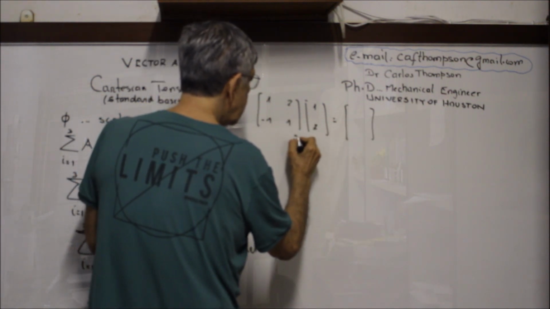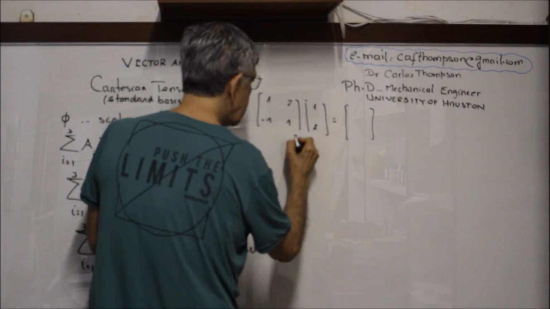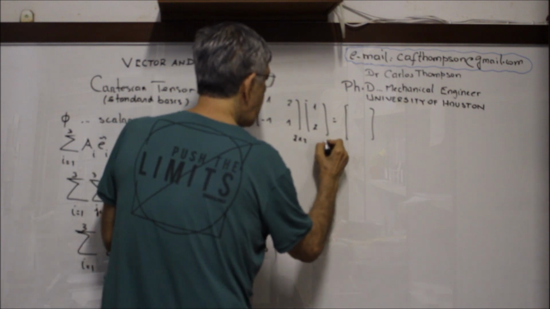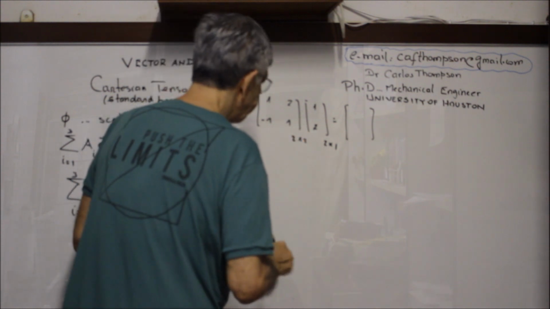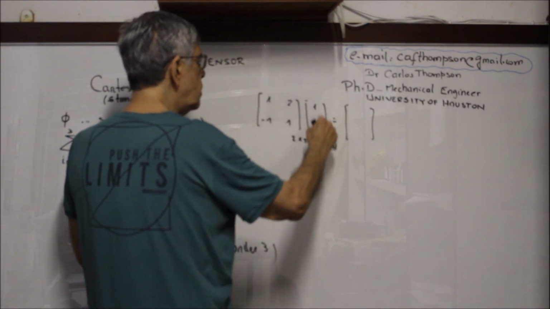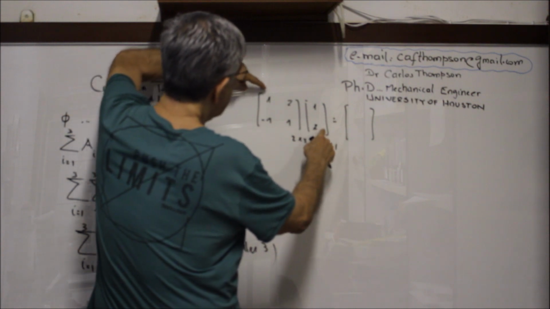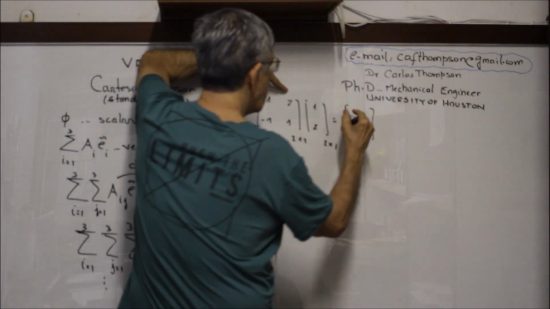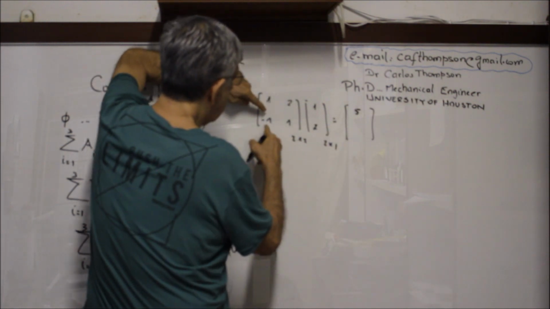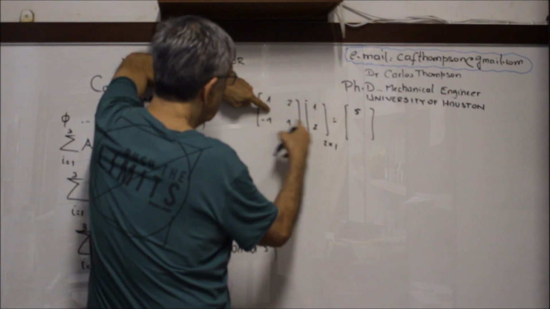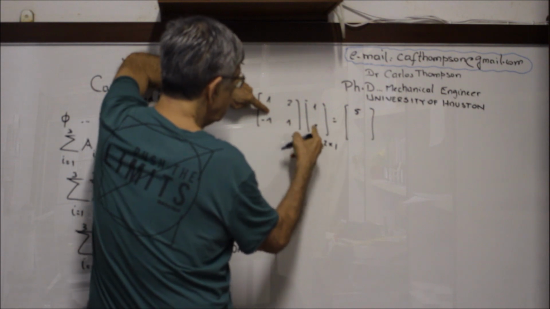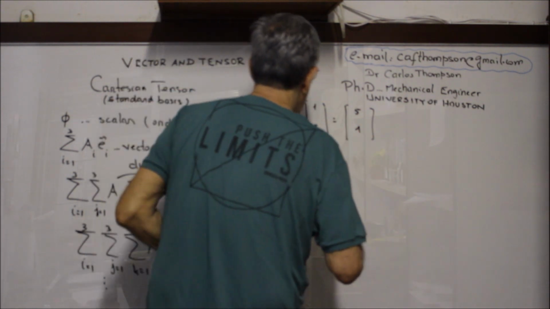So this is 2 by 2, this is 2 by 1. Now, first row times this column: 1 plus 4, this is 5. Now, minus 1 plus 2, this is equal to 1.